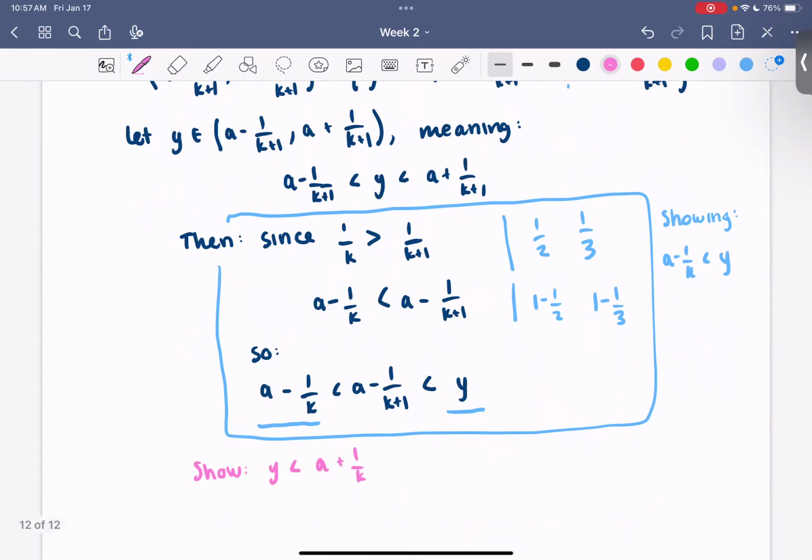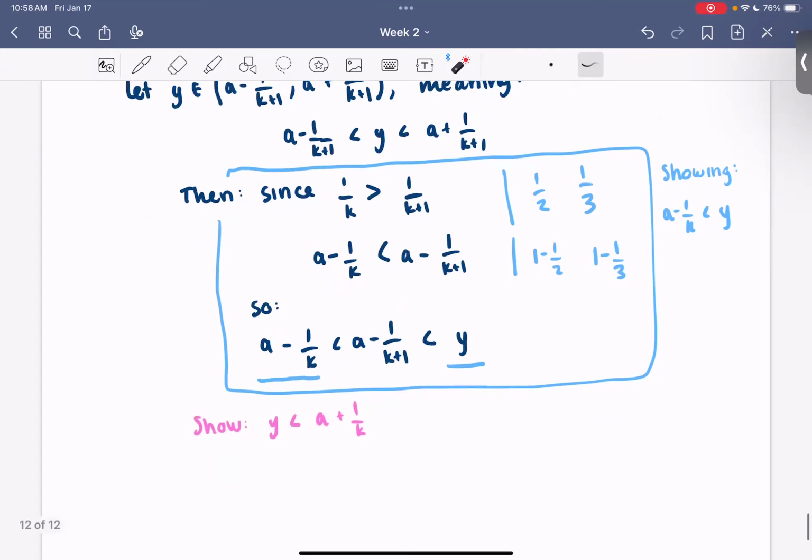Okay, so why is this true? I feel like we went really deep with the blue inequality, so maybe now we're more prepared for the pink one. So how does a plus 1 over k compare to a plus 1 over k plus 1? Which of these two things is bigger? Left side.